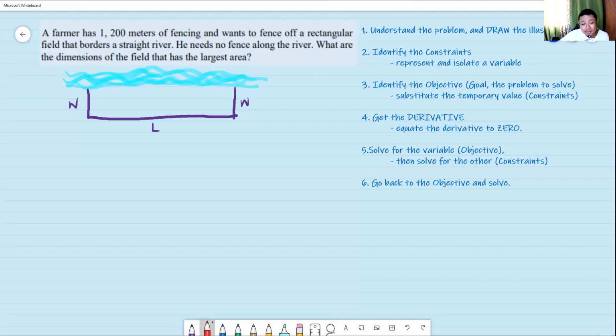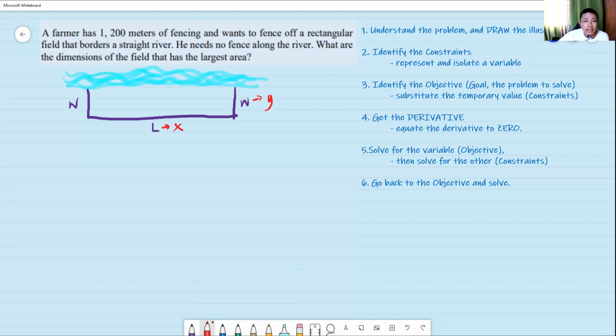Okay. And of course, we are now senior high school. Let's change them to variables. Let L be x, let W be y. Actually, pwede sila magkapalit, whichever you want. Okay? So, let it be this way na lang.